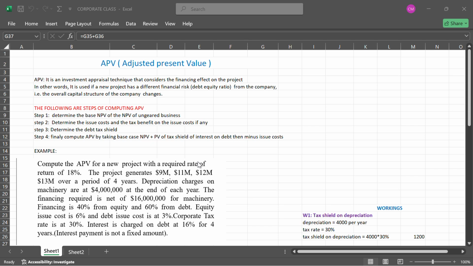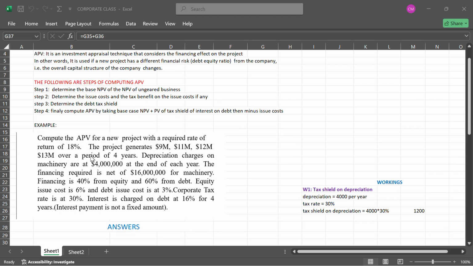Unlevered businesses are those businesses that don't use debt in their capital formulation. Okay. Here is an example that will help us to understand well how this works. This is an example taken from somewhere to help us understand well how to compute APV.